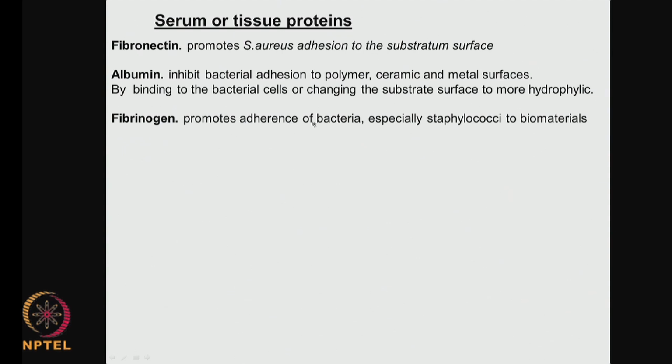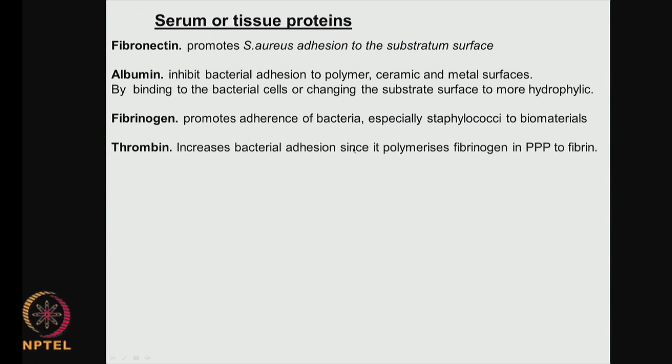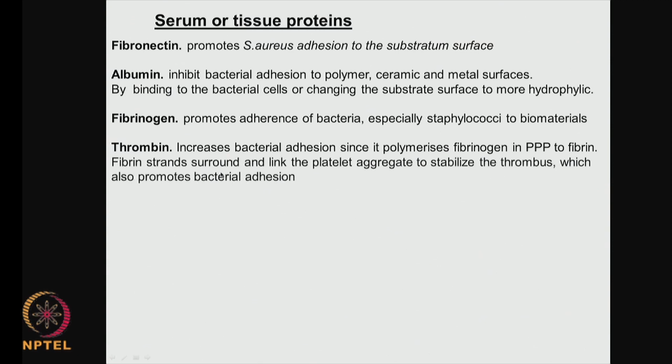Fibrinogen promotes adherence of bacteria, especially Staphylococci, to biomaterial. Thrombin also increases bacterial adhesion; it polymerizes fibrinogen in PPP to fibrin, because fibrin strands surround and link the platelet aggregate to stabilize the thrombus, which also promotes bacterial adhesion.